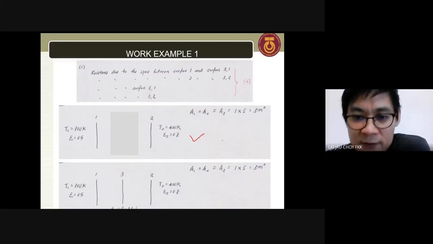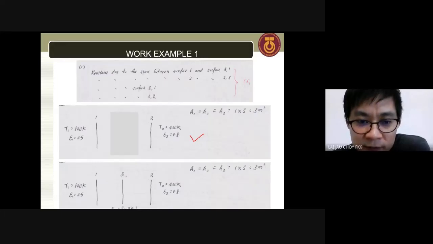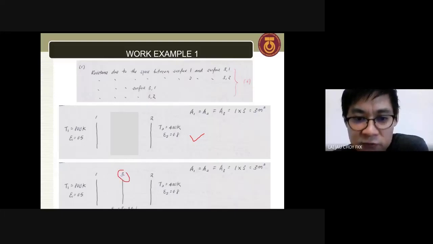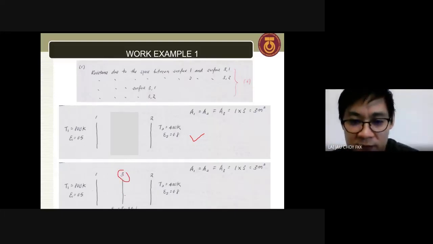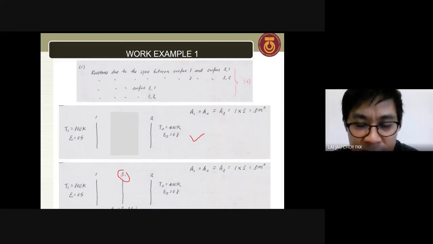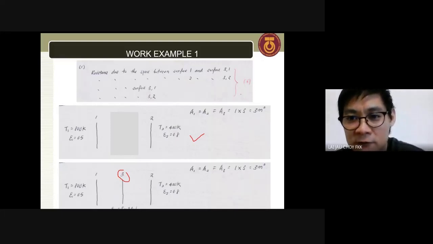Then after adding one aluminum sheet in between 1 and 2, let's name it as surface 3. Then the new resistances added, there are 4 actually, because now altogether there will be 7.